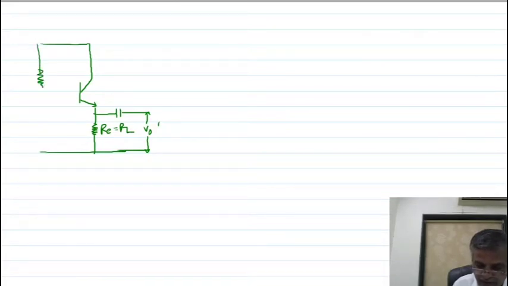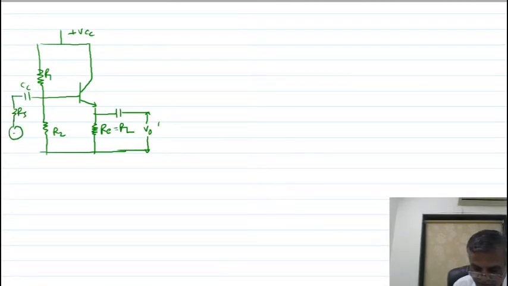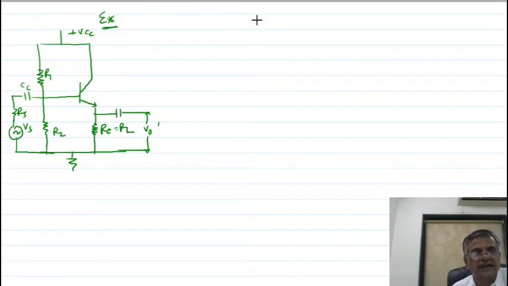This is your R1. This is your R2. This is your supply VCC, RS. The input signal is to be processed through the circuit. Now, this is an example. I am showing you this circuit.